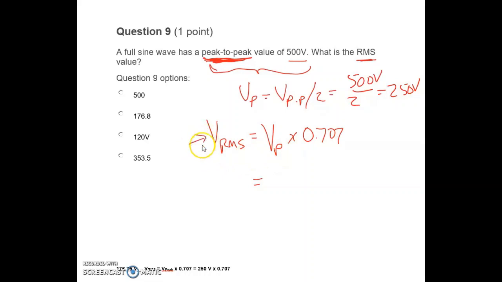So back to our equation here, V peak 250 volts times 0.707, that equals this 176.8 volts.